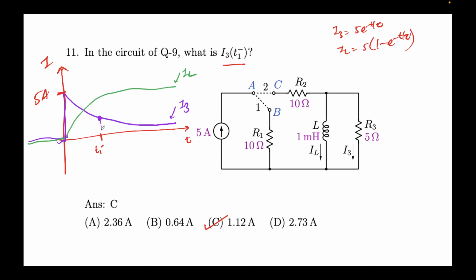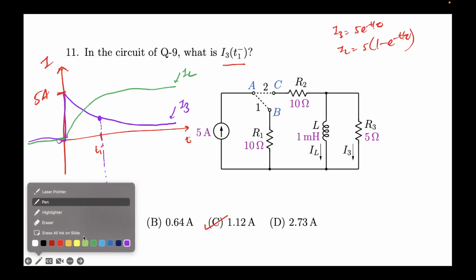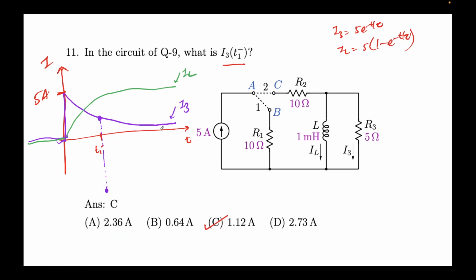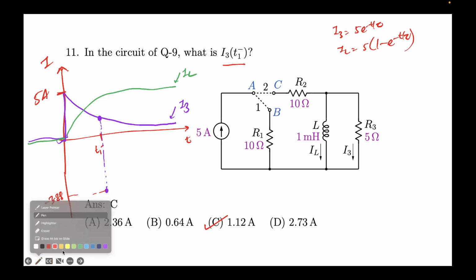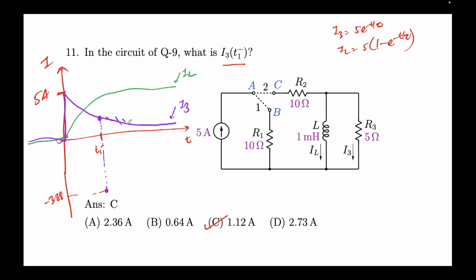So current sharply dropped to here, right? If I draw this completely like this, this value is minus 3.88, right? So this is what would have happened, but this actually did not happen.